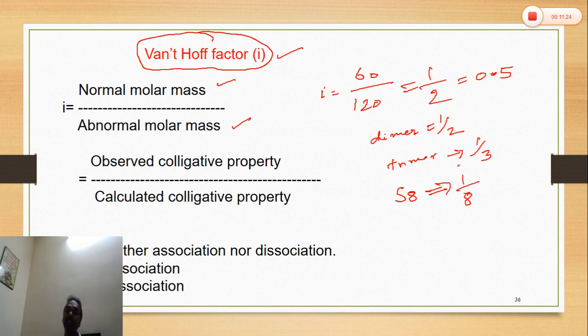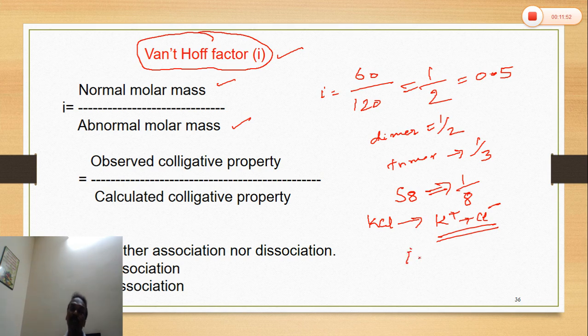That is, if association takes place, it is reverse: dimerization 1 by 2, trimerization 1 by 3, octamerization 1 by 8. That is abnormal molecular mass. And in the case of KCl, it divides into 2 particles, K plus and Cl minus, so lower molecular mass.